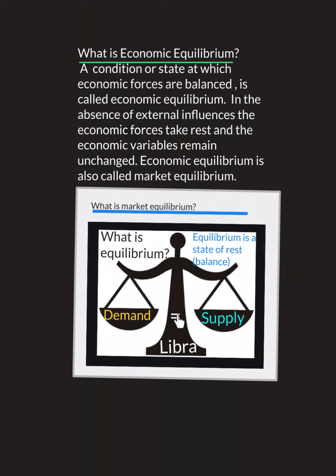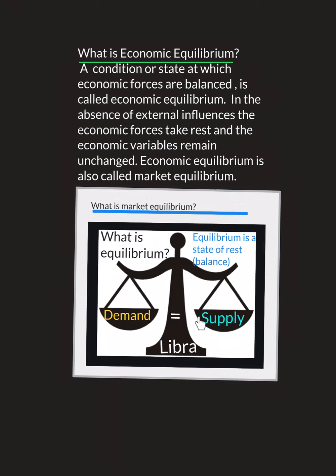They are equal to each other, and buyers and sellers are taking rest. Here the economic forces take rest, and without any change of the external factors, the economic variables remain unchanged.